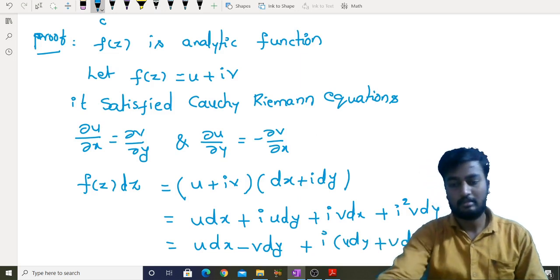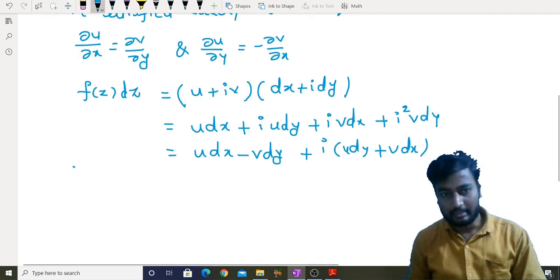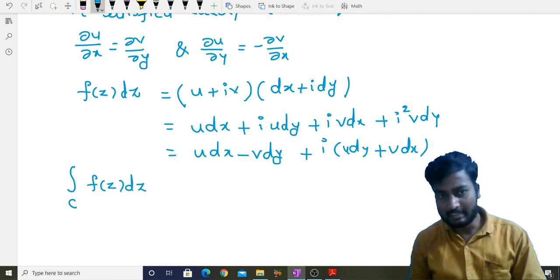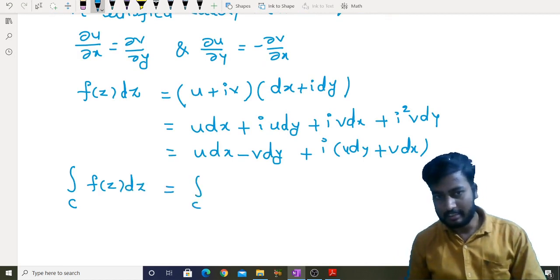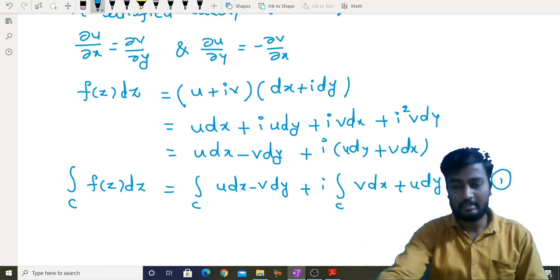Then the integral over C of f of z dz is equal to the integral over C of u dx minus v dy plus i times the integral over C of v dx plus u dy. This is our equation 1, let it be.